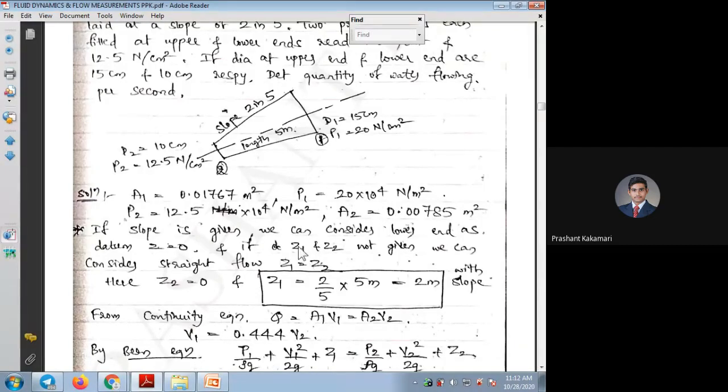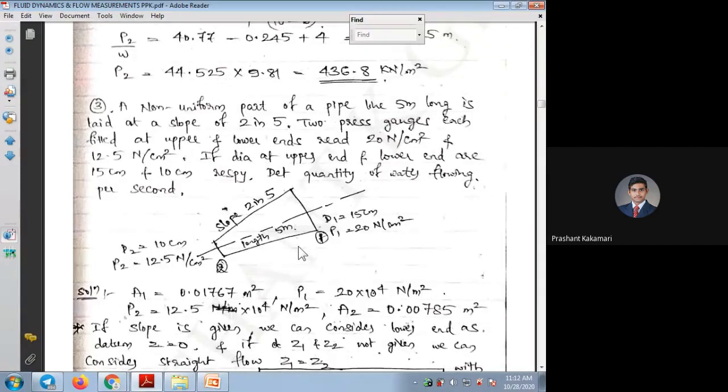So as I mentioned in the third problem of this Bernoullis equation or the concept of Bernoullis equation, the question comes how to remember that this problem can be solved by Bernoullis equation only, because here they have mentioned the pressure points, they have mentioned the length and tapering of the pipe, and diameter is also given.